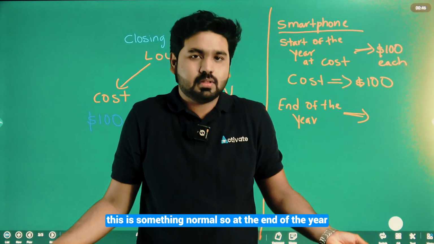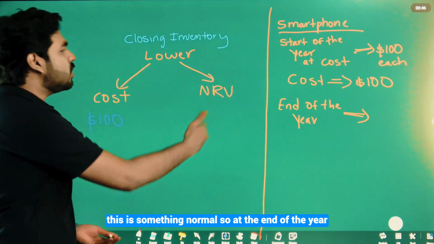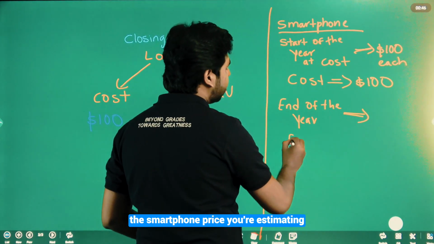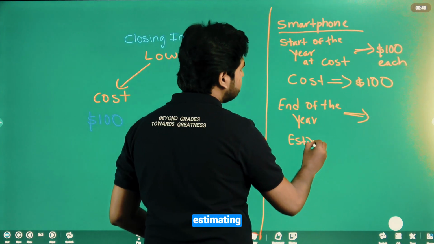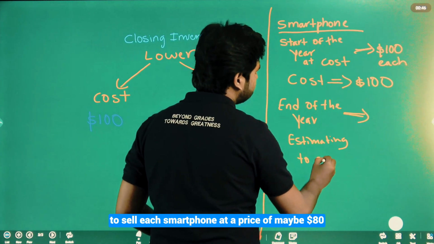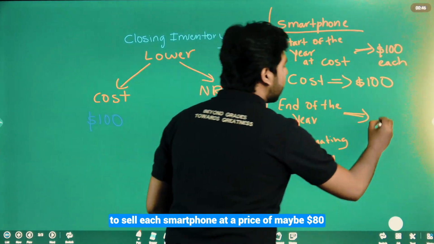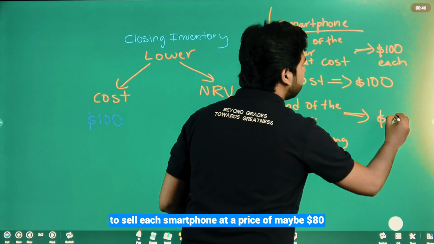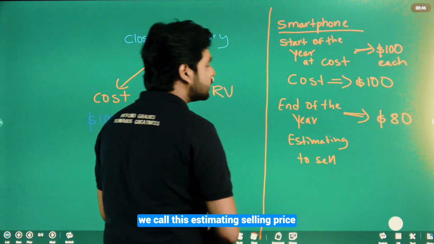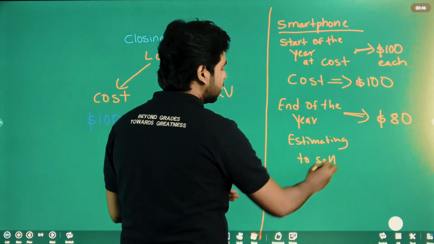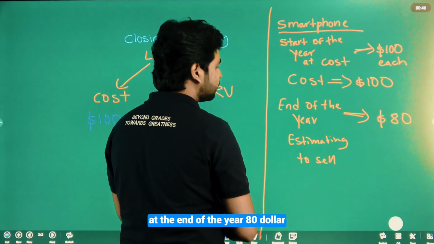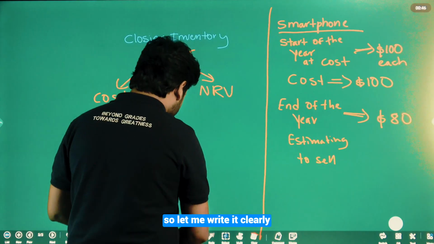So at the end of the year, you're estimating to sell each smartphone at a price of maybe $90. We call this estimated selling price. Let me write it clearly.